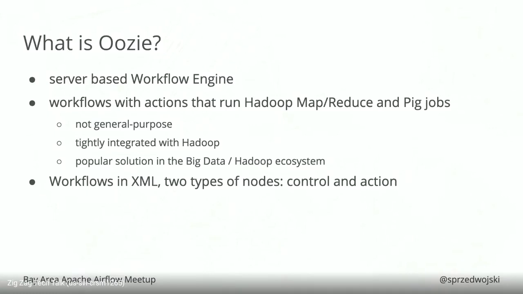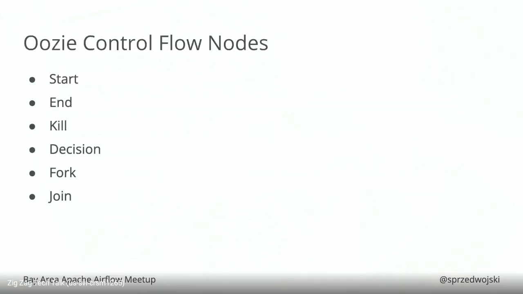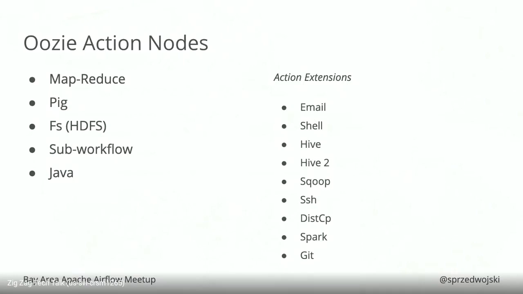And there are basically two types of nodes of which you can compose the workflows, control and action nodes. There are 6 control flow nodes: start, end, kill, decision, fork, and join. And there are 14 action nodes like MapReduce, Pig, HDFS, etc. All of them are tightly related to Hadoop.